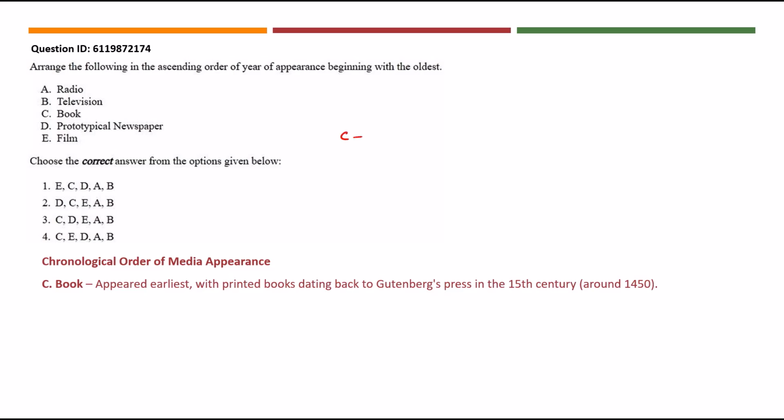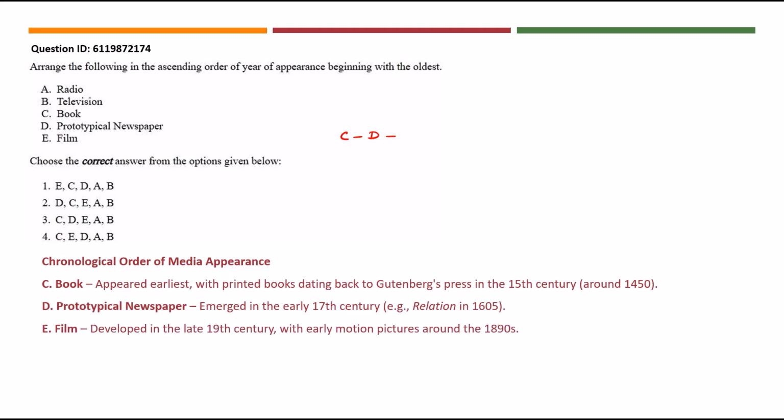It starts with C, then goes the prototypical newspaper, which emerged in the early 17th century. I have given you the years along with it. So then comes D. After that, film came into existence. So this is E, developed in the late 19th century with early motion pictures around the 1890s. If you have some idea, you can try E in the third place.